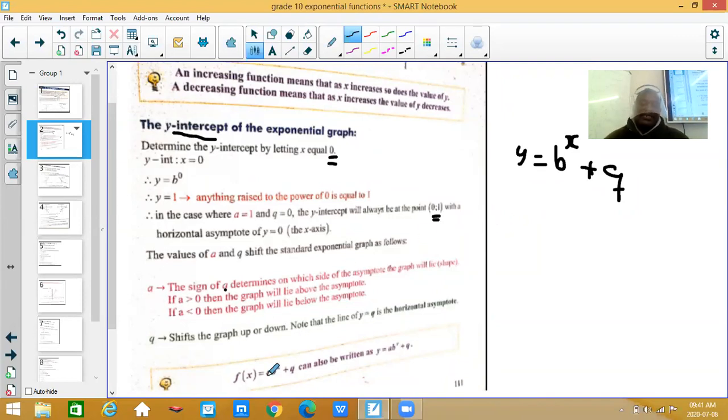Now, generally, f of x is equal to a b to the power x plus q can also be written as y equals a b to the power x plus q. In the position of f of x, they only wrote y. It is just the same. You remember that? Okay. Can we move on to the next one?